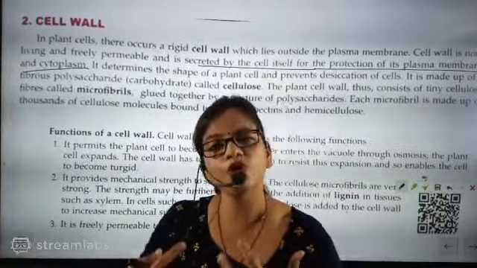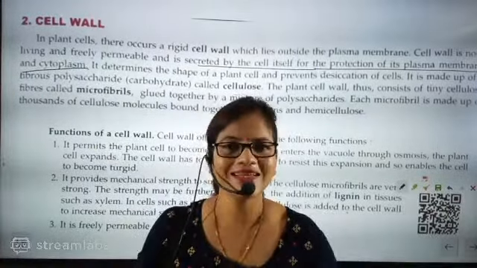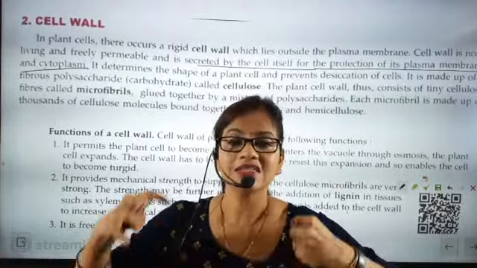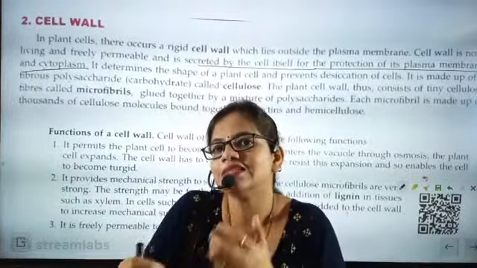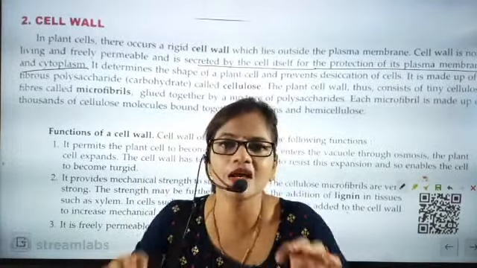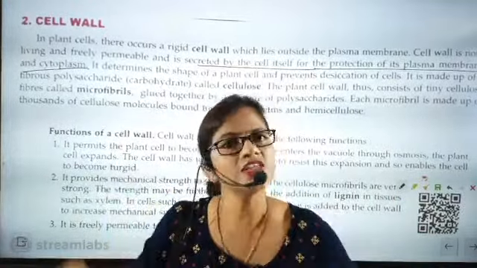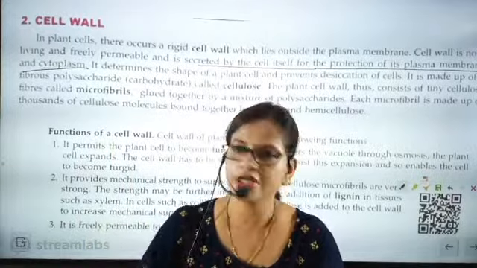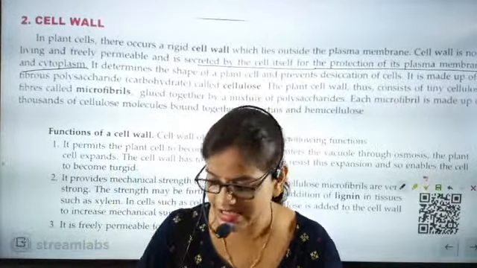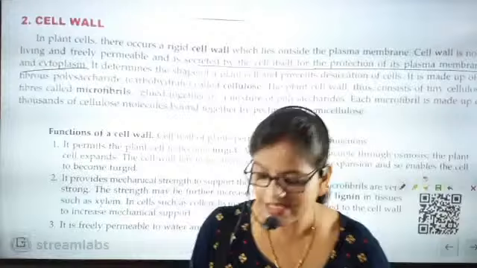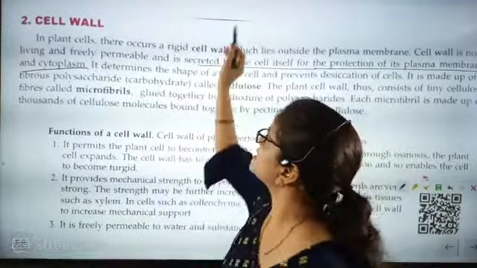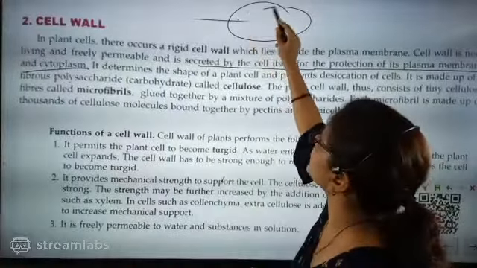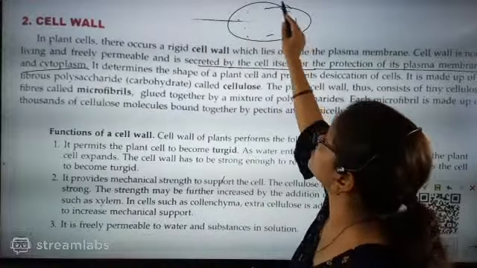That means the cell wants to protect itself, beta. Since the cell wants to protect itself, that's why it is secreting such chemicals which make the cell wall. So cell wall is freely permeable, rigid, non-living, secreted by the cell itself. And why is the cell secreting it? For the protection of the cytoplasm and the plasma membrane.